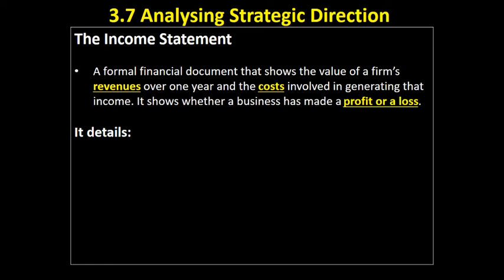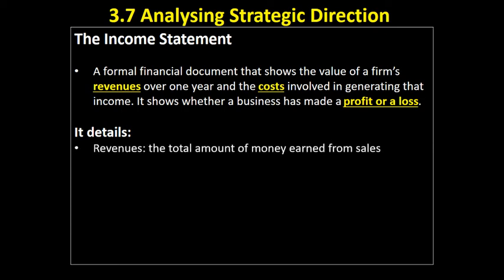And again, there's a lot of terminology that you need to understand about the income statement. Some of this you'll be familiar with from the AS unit, but it's worth going over, and spending a lot of time really ensuring that you know what the different components of the income statement are and what it's telling you.